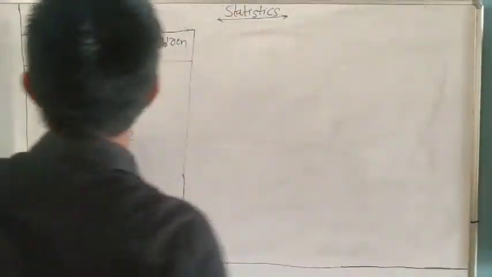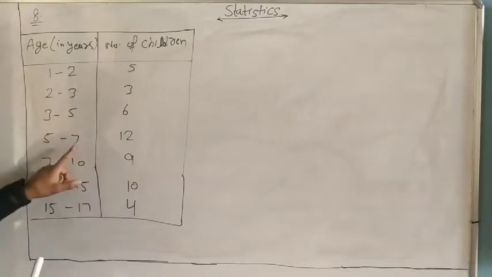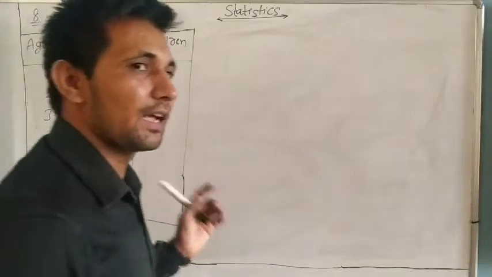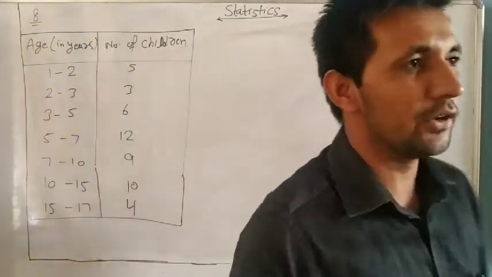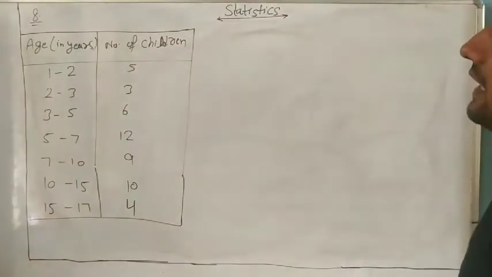So first we check: 1 to 2, 2 to 3, 3 to 5, 5 to 7, 7 to 10, 10 to 15, 15 to 17. The class intervals are already given continuous, so we have to represent it in a histogram. But there is one problem.